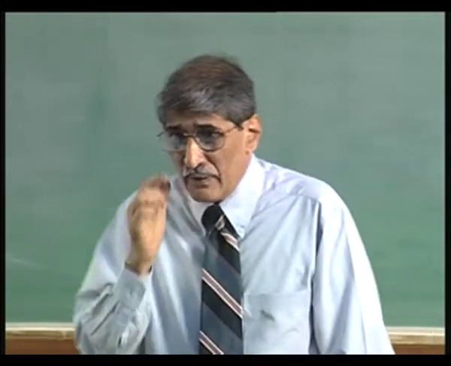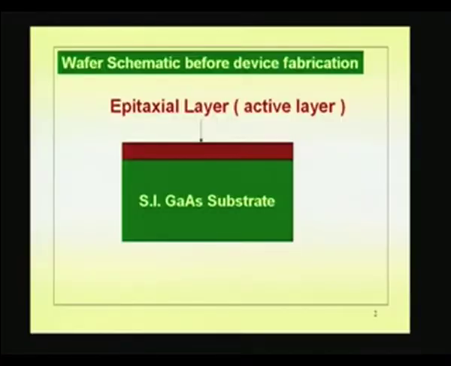Now, the process involved in the growth of this epitaxy, what is that? Two things should happen. One, you must be able to transport these constituents which form this layer onto the surface. If it is silicon, the constituent is silicon alone. You must transport silicon onto the surface of this silicon substrate.